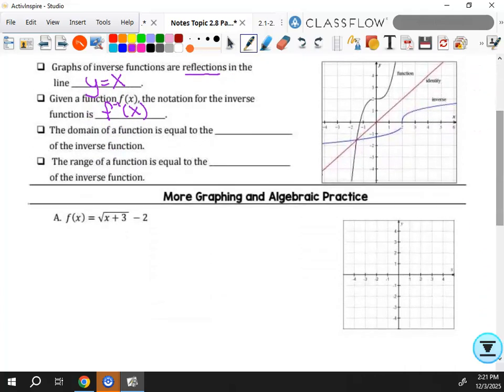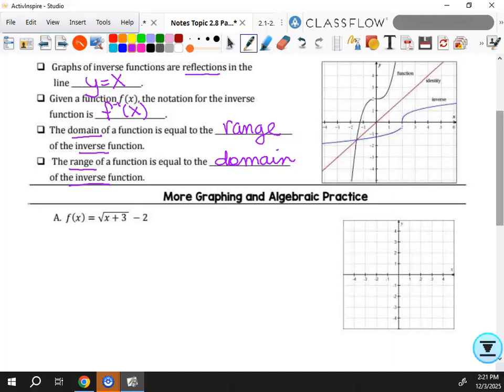And then the domain of a function is equal to what of the inverse? The range. And conversely, the range of the function is equal to the domain of the inverse function. Okay. Any questions at all?